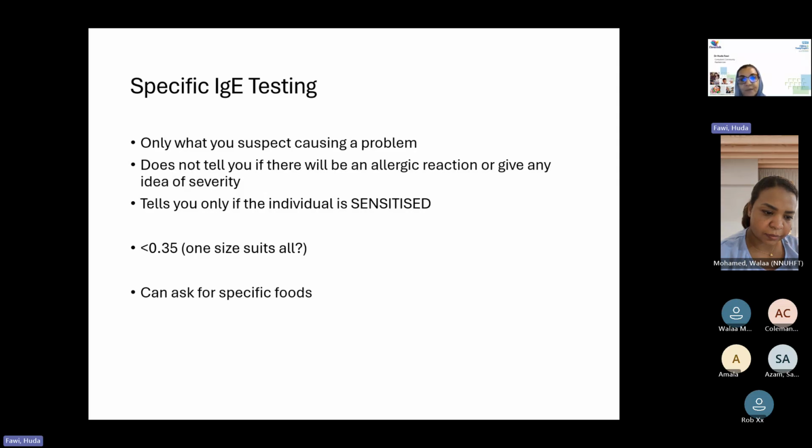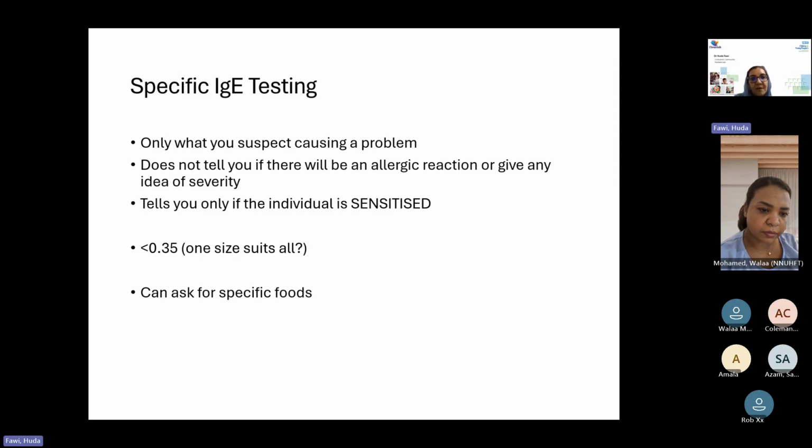So what they do prior to coming to clinic is advise them to stop the milk until they go and see an allergist for skin prick testing. The child was able to tolerate milk. Why did you take it out of the diet? This is what I mean by one size does not suit all, because another child may be presenting with an allergic symptom. So it's all in the history.